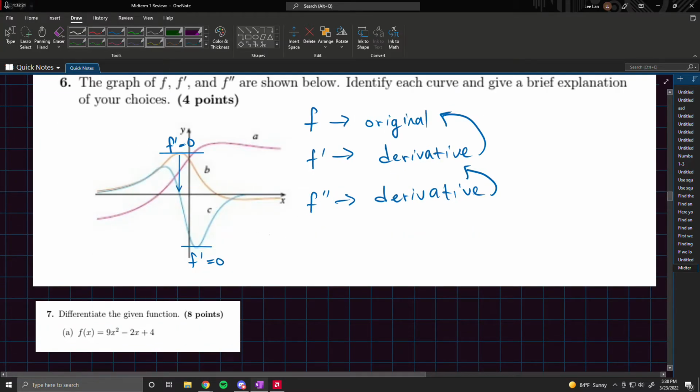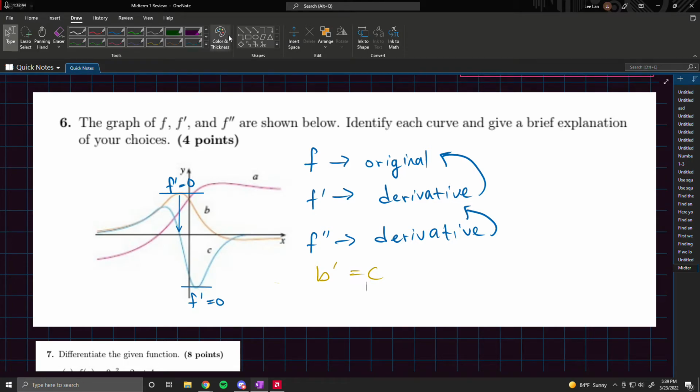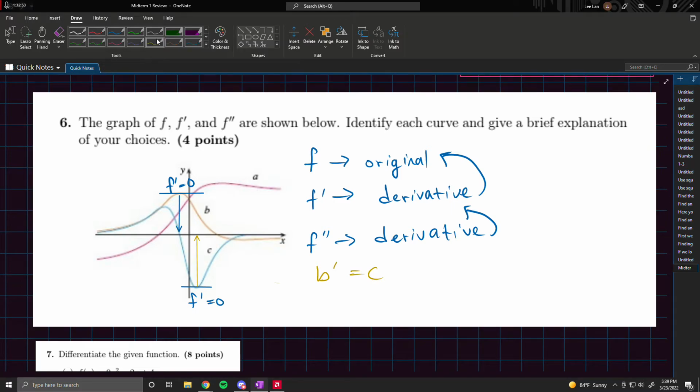Based on this, I know that the B derivative is equal to C. So that's one chunk of information. Let's look at C. Well, C has no derivative here. So, I don't know.